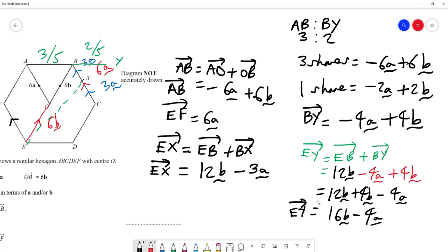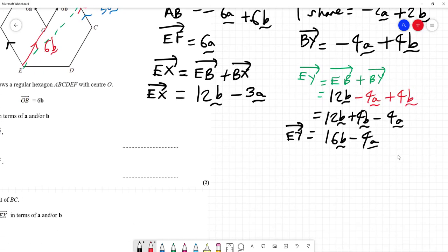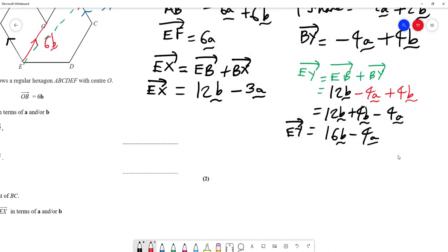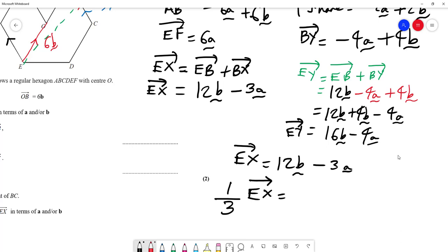Now, we want to show that EY and EX lie in the same straight line, that they are collinear. What that means is we've got to show that one vector is a multiple of the other. EX is 12b minus 3a. We've come across a problem like this before. Let's divide everything by 3, so a third of EX gives me 4b minus a. EY is 16b minus 4a, which is 4 times a third of EX.